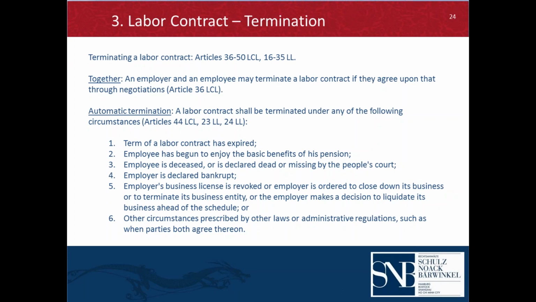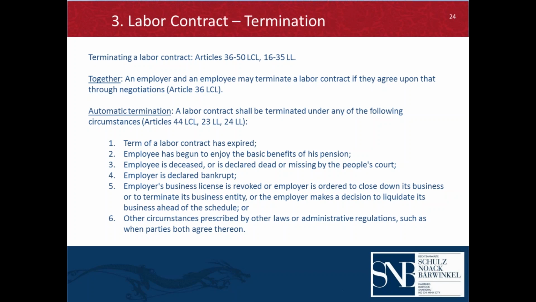So, regarding termination. First of all, it is up to the contract parties, the employer and the employee, to agree on a termination of the labor contract through amicable consent.